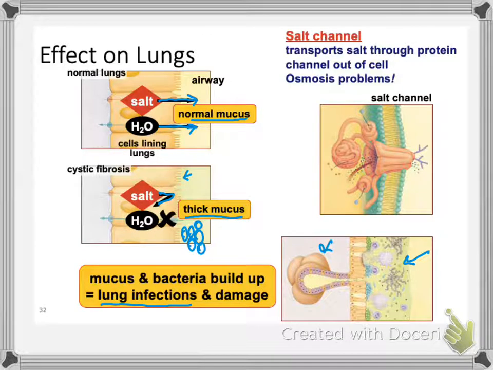Scientists are looking to use gene therapy to try to replace the mutated gene with a working gene to basically provide a forever fix for people with cystic fibrosis. They are also looking at using something called CRISPR, which is a gene editing tool to try to fix the mutation to help, again, heal the gene so it can make working proteins. We'll learn more about that in our next unit.